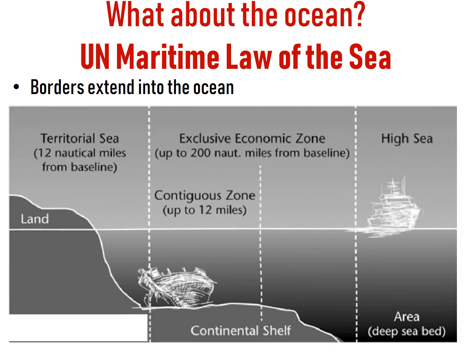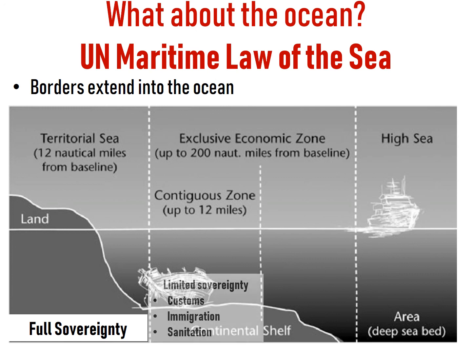So we have this graphic to help you understand it a little more. As you see, that first 12 miles, that's full sovereignty. That is completely theirs. They have complete control over that area and no other country can tell them what to do. While the 200 miles, the EEZ, the exclusive economic zone, is limited sovereignty. Just really maintaining economic power.